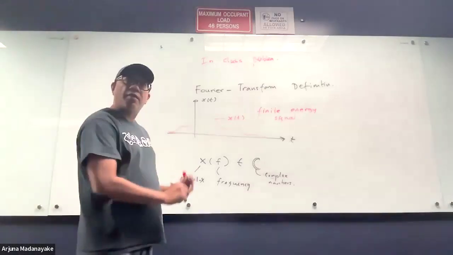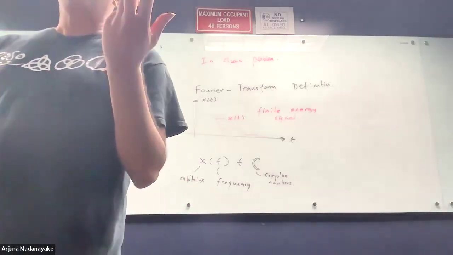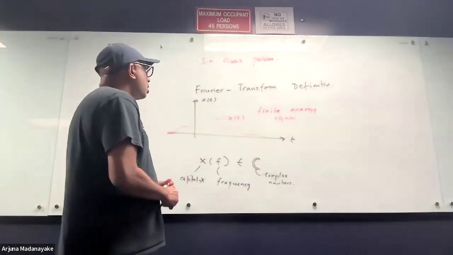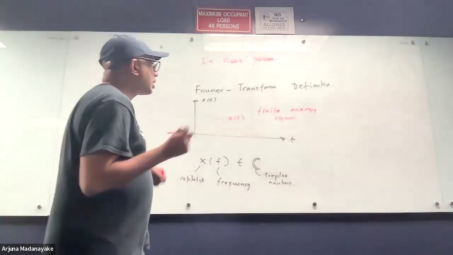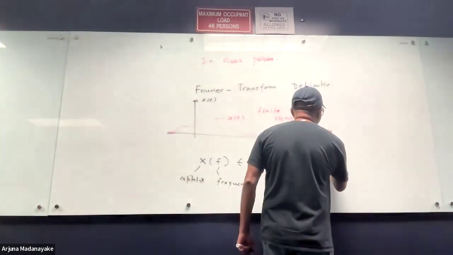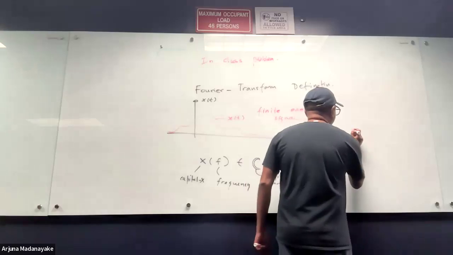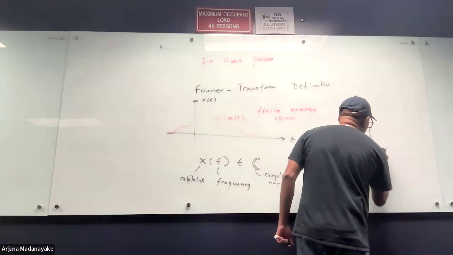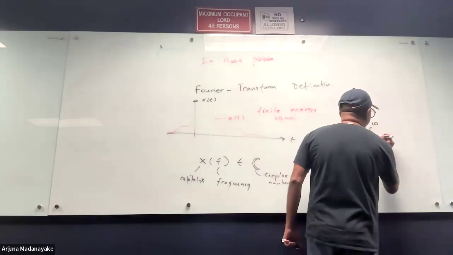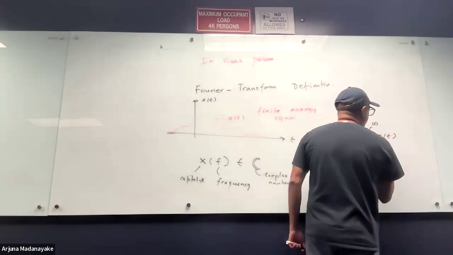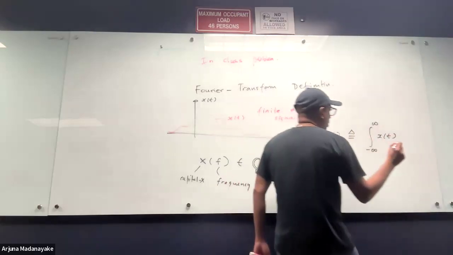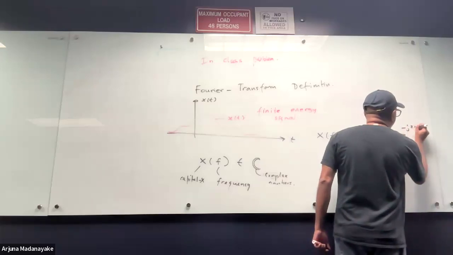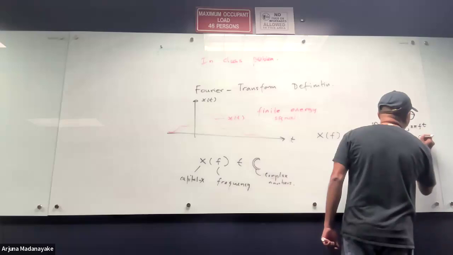The result of the function that we are defining, even if my input signal is real valued, can be complex valued. In general, it's a complex function, defined as X of f, by definition, the integral from minus infinity to plus infinity of x of t, which is the signal, times e to the minus j 2 pi f t.